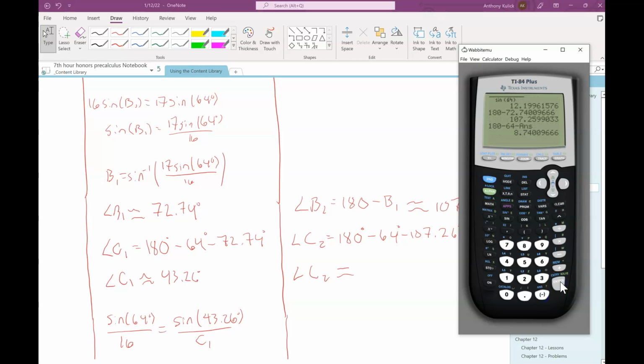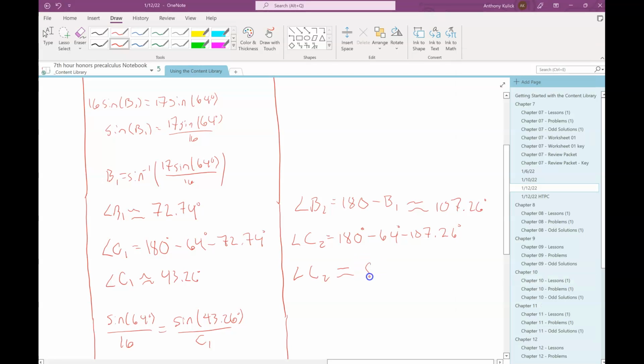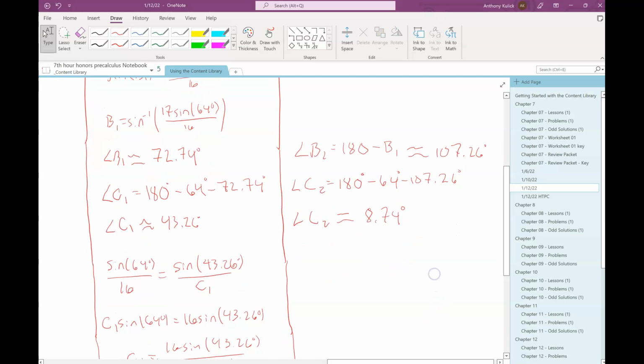So I get 8.74. And now I can find side C2 the exact same way that I did in the first triangle, except obviously I'm using angle C2 instead of angle C1.